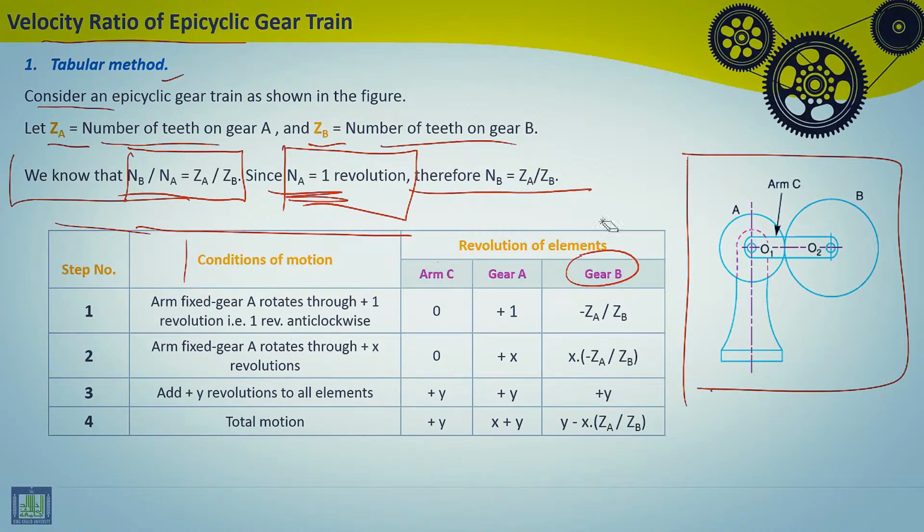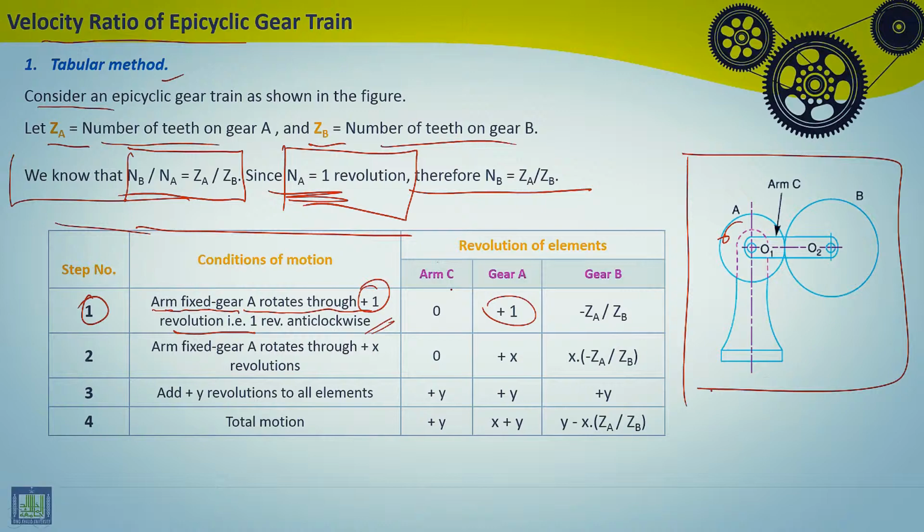For the first configuration, the conditions of motion are the arm is fixed, gear A rotates through +1 revolution anti-clockwise. A makes 1 revolution anti-clockwise, it is +1.